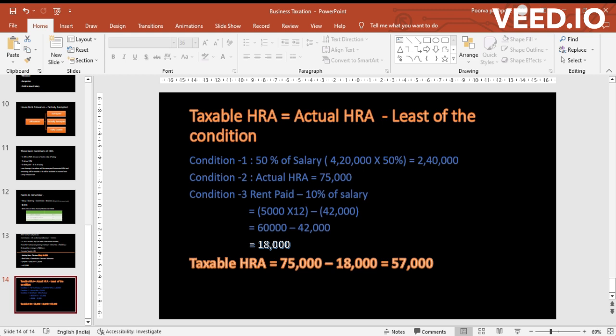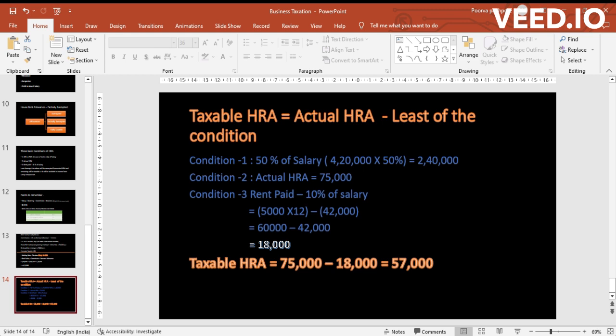So as per the three conditions, I have three amounts in front of me: 2 lakh 40,000, 75,000, and 18,000. The least among these three conditions is 18,000. Hence, my taxable HRA will be the original HRA, 75,000 given by the employer, minus the least among these conditions, 18,000.